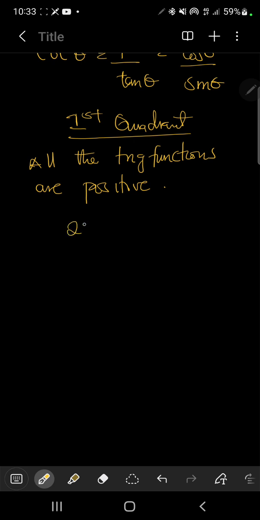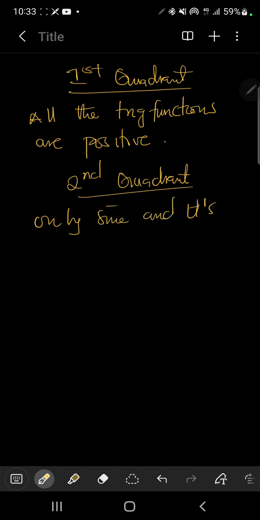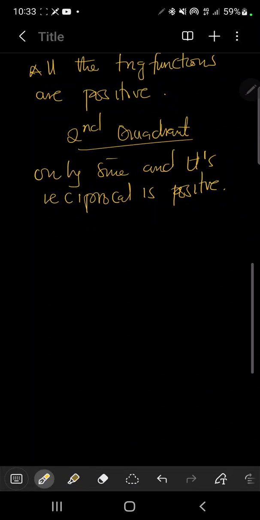Then we go to the second quadrant. Here, only sine and its reciprocal is positive. The rest are negative in the second quadrant. Then we go to the third quadrant.